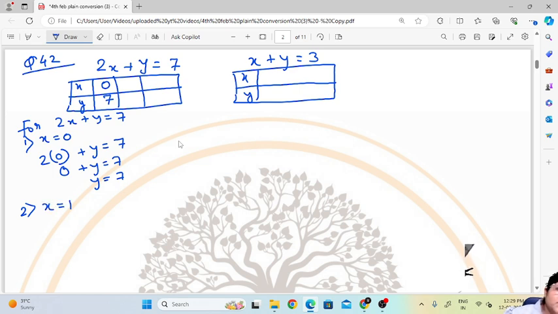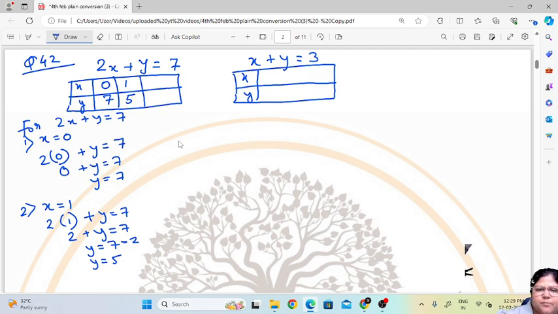If I keep x as 1, so 2 times 1 plus y equals 7. So 2 plus y equals 7. So y equals 7 minus 2, y equals 5. So when you are keeping x as 1, y is 5.